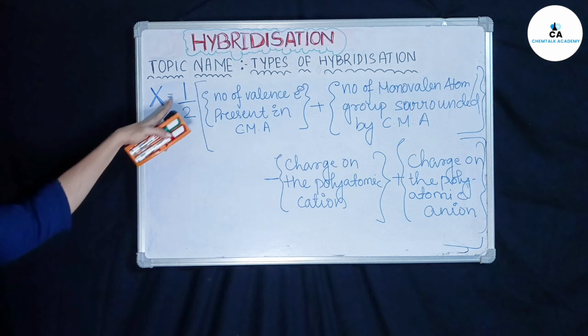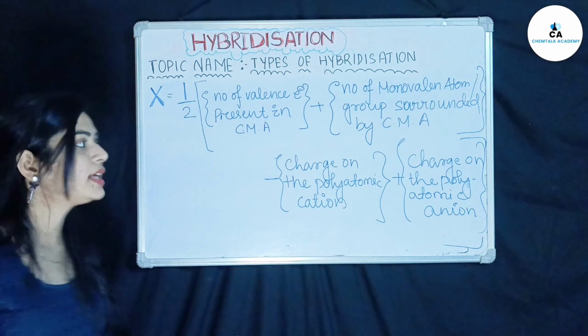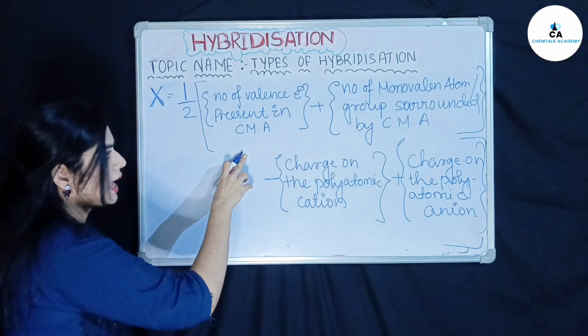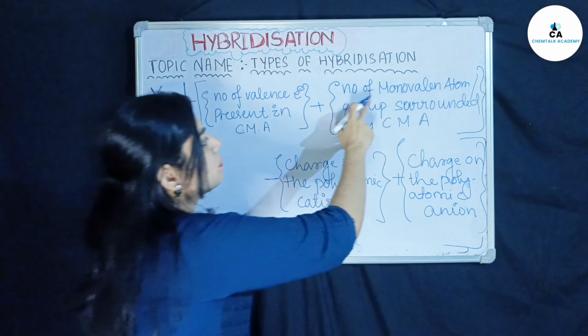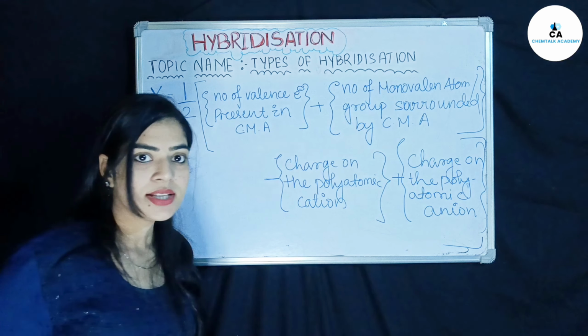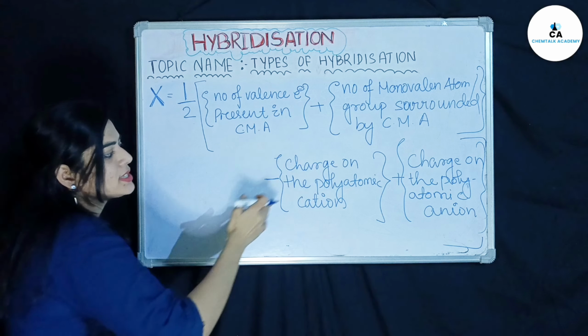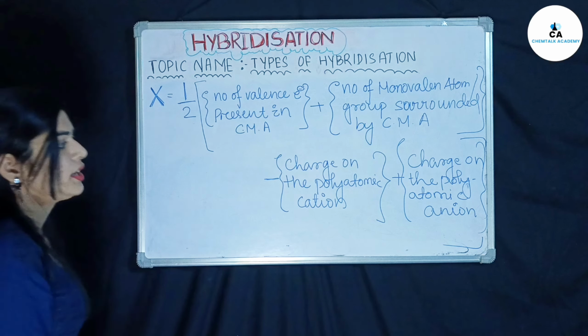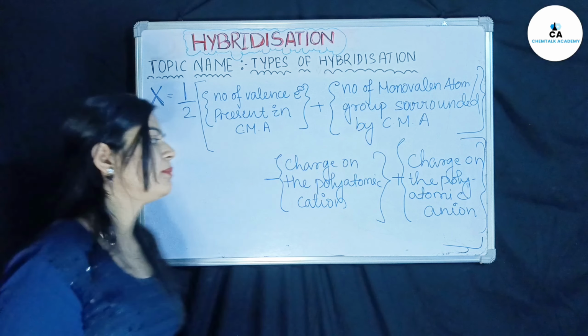What? X equals half into number of valence electron present in central metal atom. Then number of monovalent atom or group surrounded by central metal atom. Then minus charge on the polyatomic cation plus charge on the polyatomic anion.